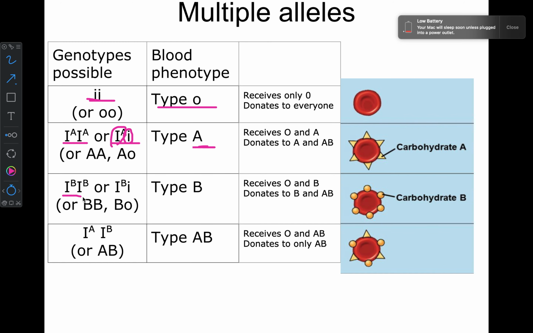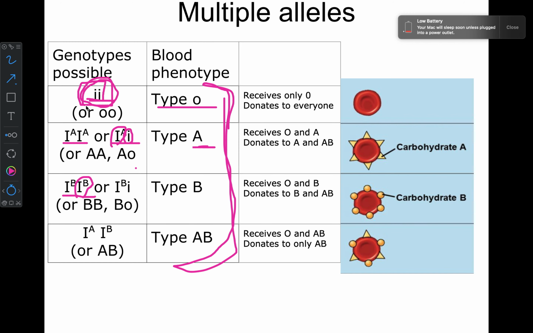And then down here we have a third allele, IB, right? So this is 1, 2, 3 different types, and that creates 4 different blood types, right? So you can see that there's 3 alleles. There's only ever going to be 2 at a time because, again, you do not have a third parent, right?